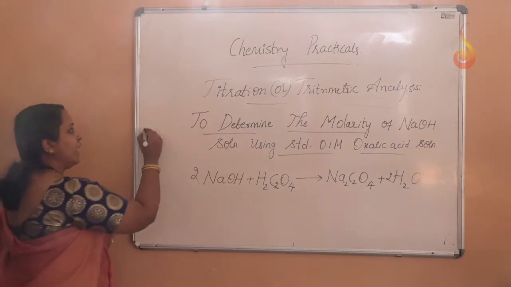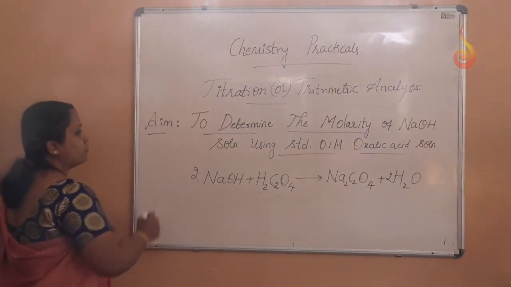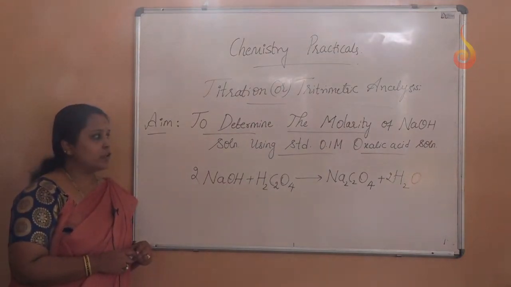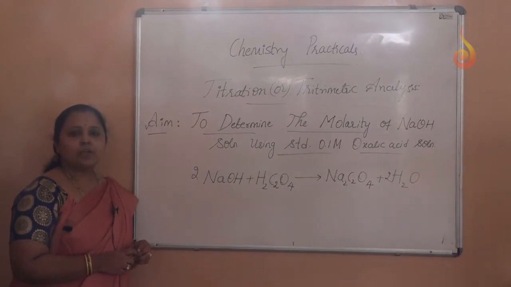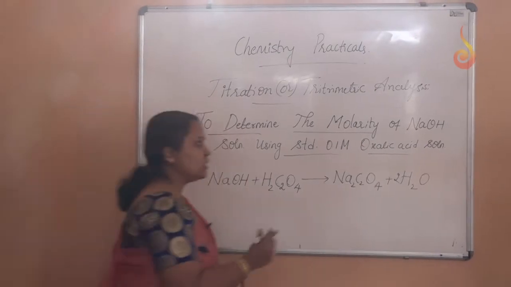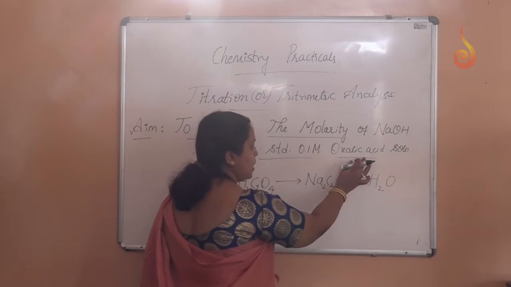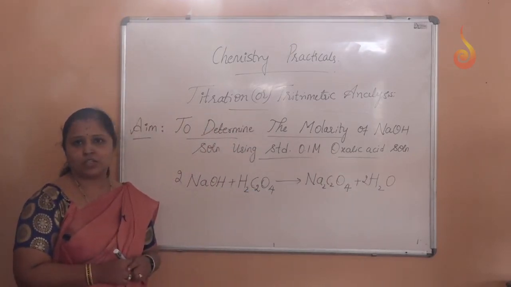Then what is the aim of this experiment? The aim is to determine the molarity of sodium hydroxide solution using standard 0.1 molar oxalic acid solution, which means NaOH is the solution of unknown concentration and oxalic acid is the solution of known concentration.